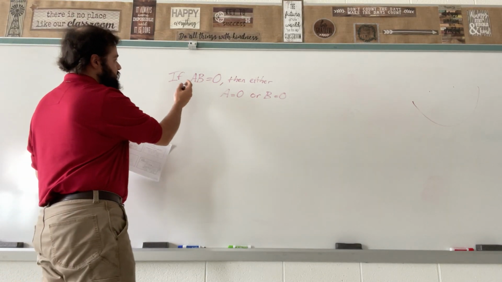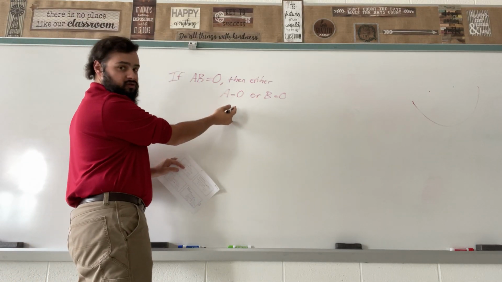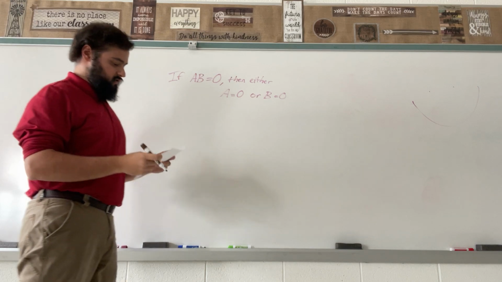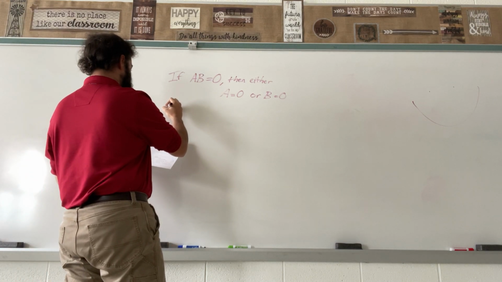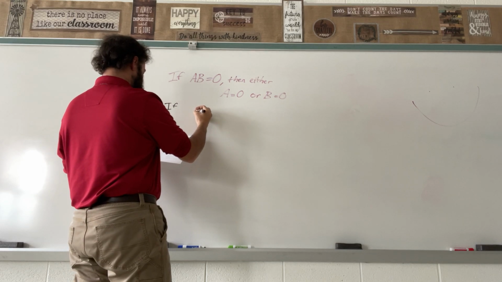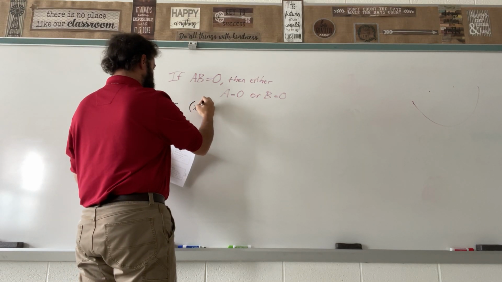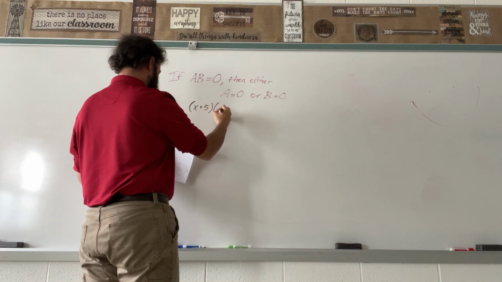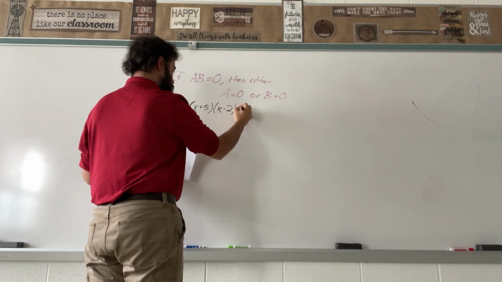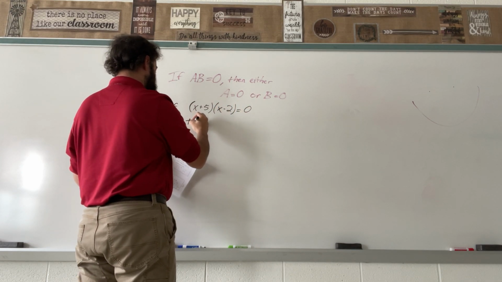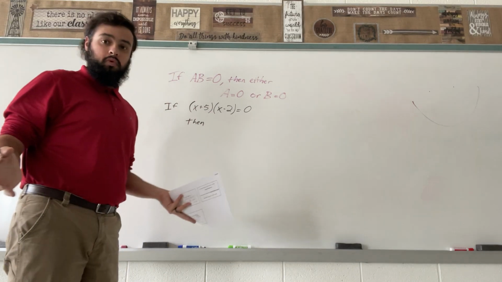So if A times B equals 0, then either A equals 0 or B is going to equal 0. Okay, so here's an example. If x plus 5 multiplied by x minus 2 equals 0, what do you think?